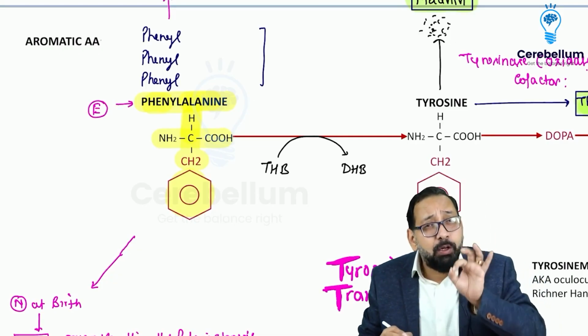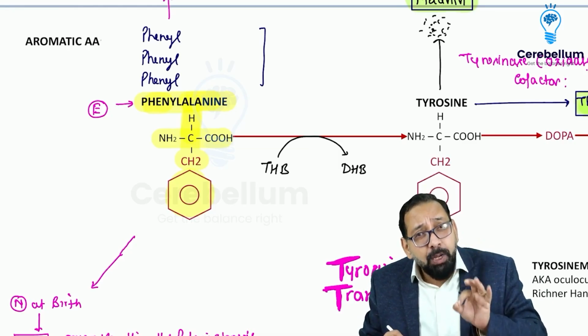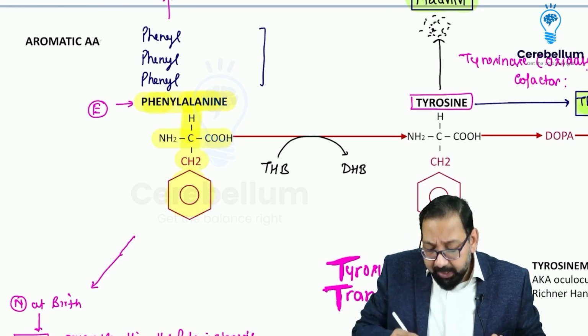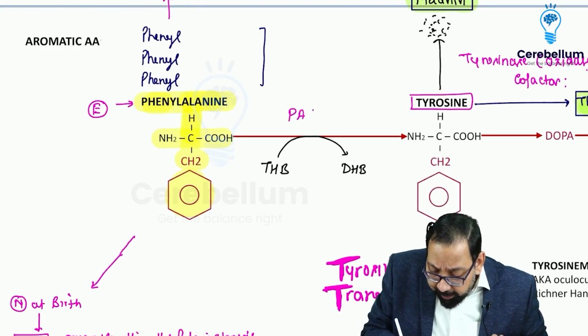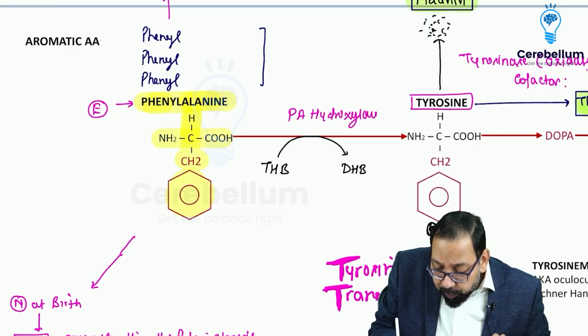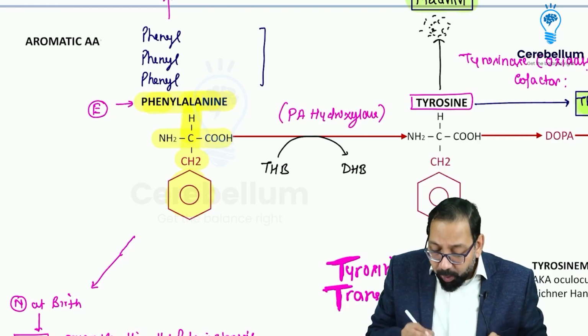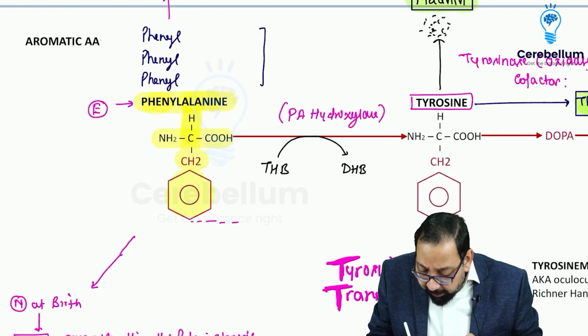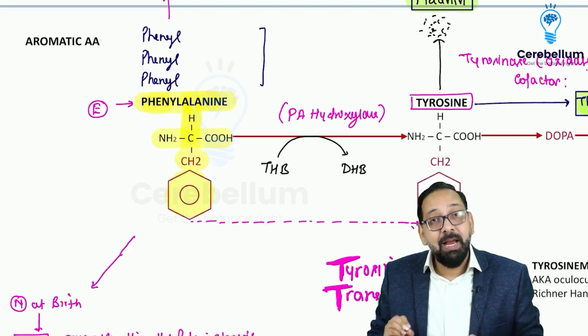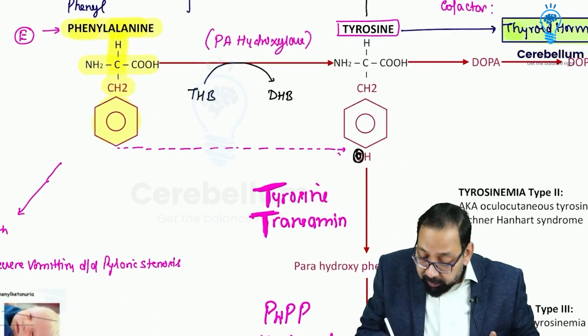Normally in our body, phenylalanine is converted to tyrosine by the enzyme phenylalanine hydroxylase. Hydroxylase will add a hydroxyl group. So phenylalanine is converted to tyrosine by phenylalanine hydroxylase, which adds the OH group.